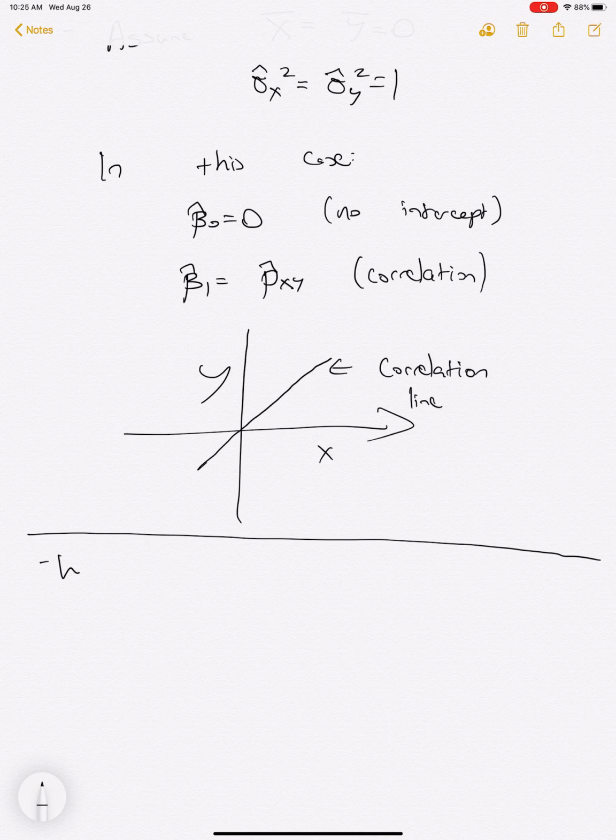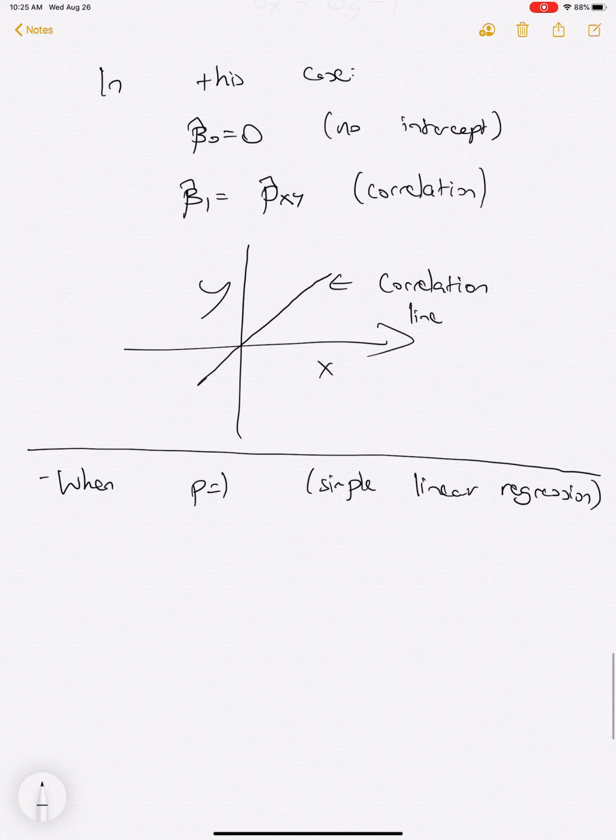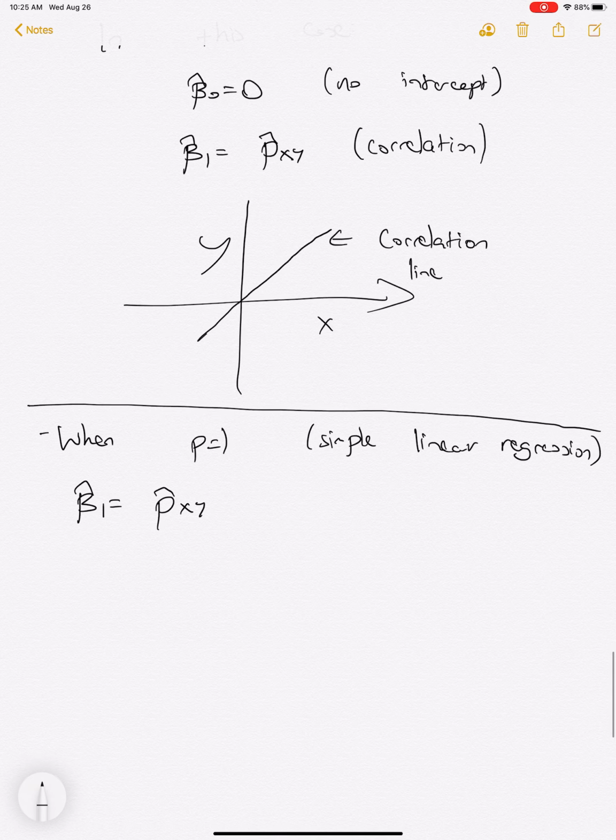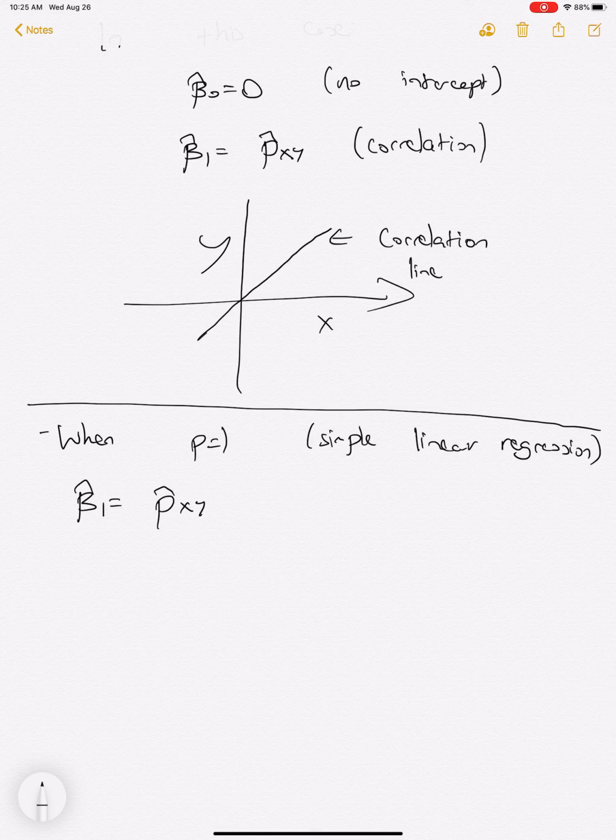So what this tells us is that when p equals 1, the regression coefficient of the slope is just the correlation.